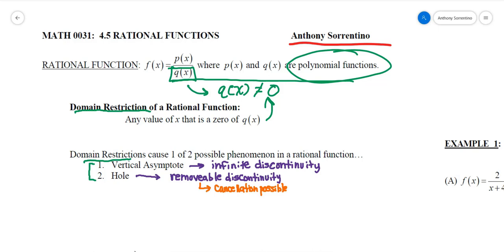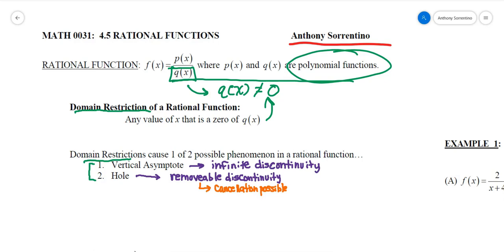Although the cancellation can happen, which makes it easier to graph and easier to calculate things, I have to keep in mind that the cancellation does not mean that we forget about the domain restriction. It just means that we have to account for it as being a hole.